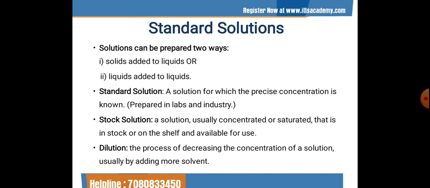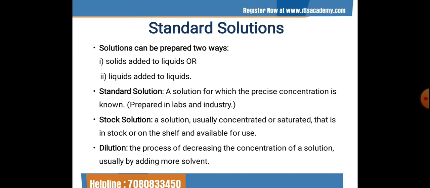So these are not standard solutions. In a standard solution, whatever quantity is added should be weighed accurately, and when it is mixed, a standard solution is prepared in which we know the exact quantity of the solute and the solvent.